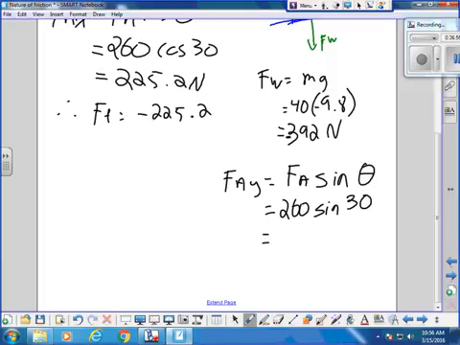How much? 130? In which direction, Josh? Up, so it's positive.